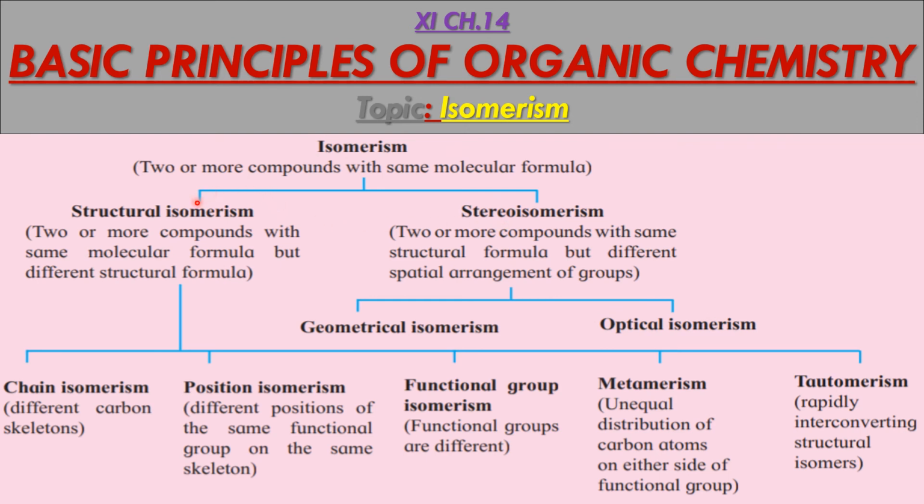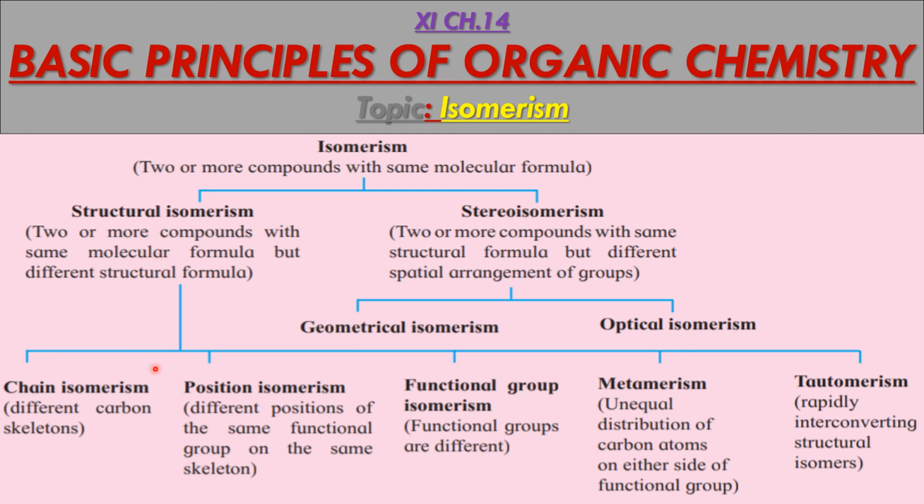Now let us study in short about these types first, and then we shall go to every type in detail. So structural isomerism: in this case two or more compounds have the same molecular formula, but they have different structural formulae. That means the structural arrangement of the atoms in a molecule is different, even though these compounds have the same molecular formula.